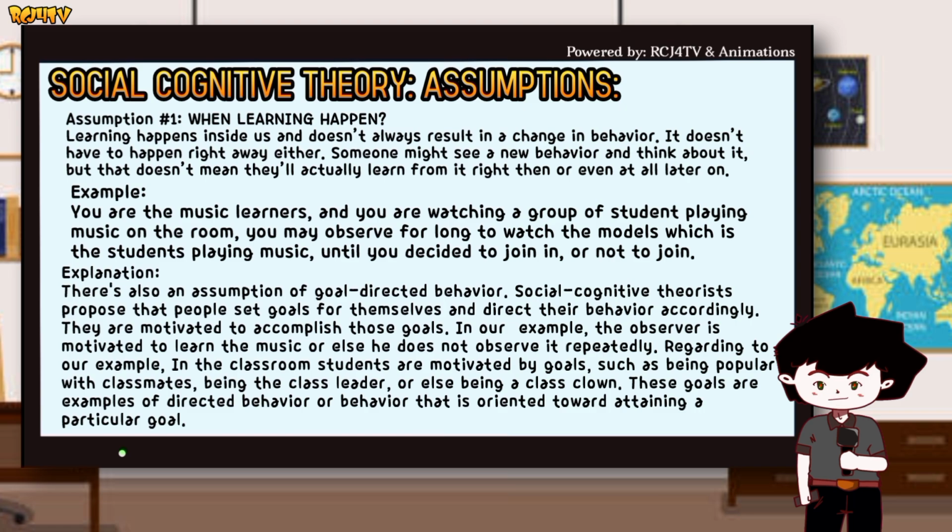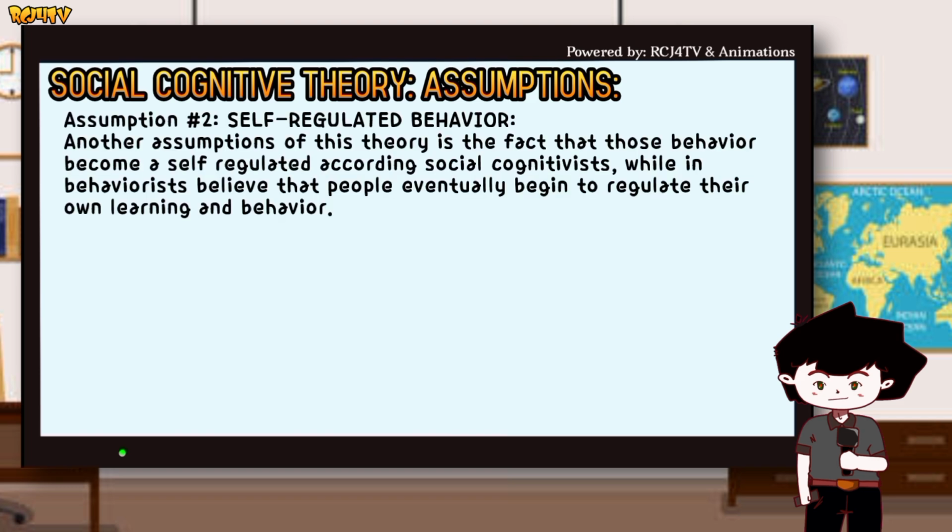Anyways, every person has different types of behavior based on their personality, perspective, talent, and capability that have a possibility to attract others. Another assumption of this theory is that behavior becomes self-regulated according to social cognitivists, while behaviorists believe that people eventually begin to regulate their own learning and behavior. Now, what are we trying to explain between social cognitivists and behaviorists?